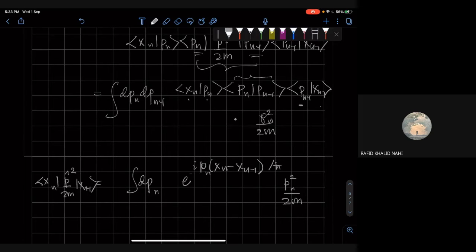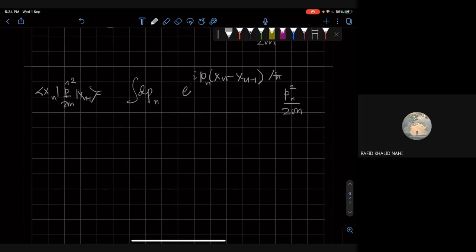So now we go to the second term, which is the potential energy term. And that's easier. x n, V of x hat, x n minus 1. So the argument of V can be written as x hat plus x hat divided by 2.